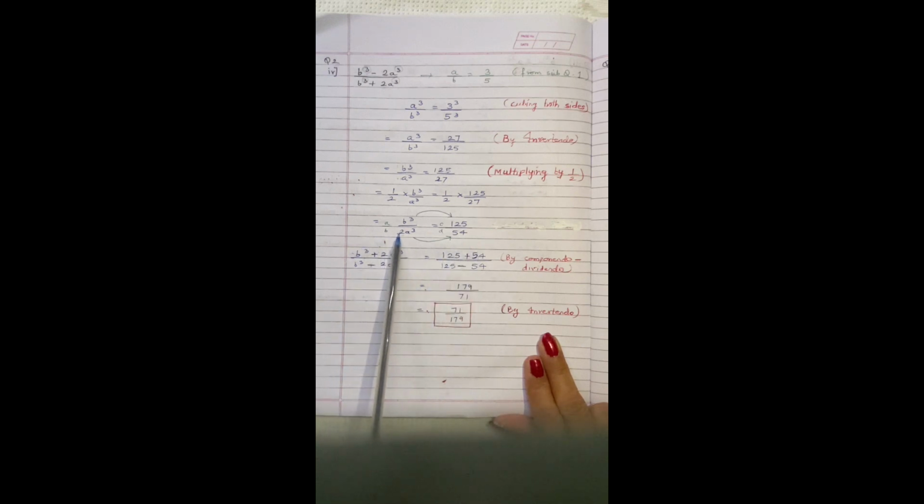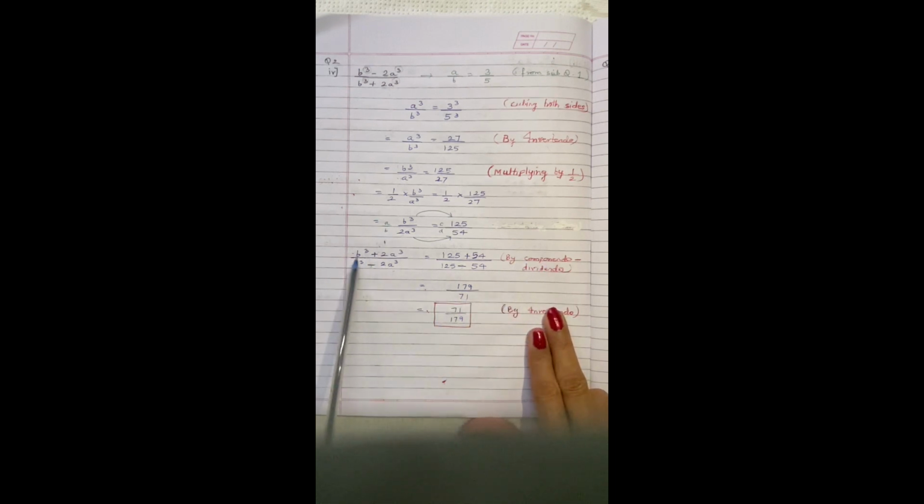Now again by componendo dividendo, b cube plus 2a cube upon b cube minus 2a cube, that is a plus b upon a minus b here, and here also c plus d upon c minus d. So this is c and this is d, this is a and this is b.